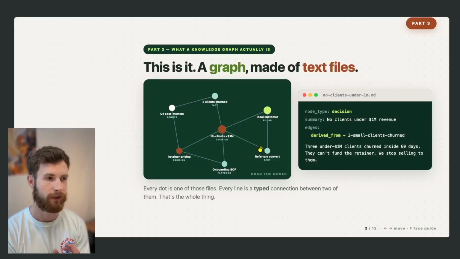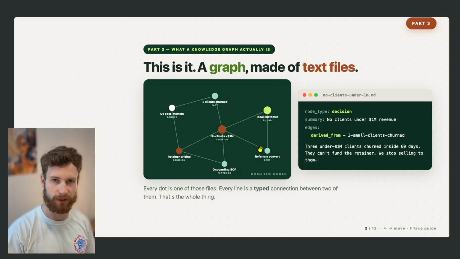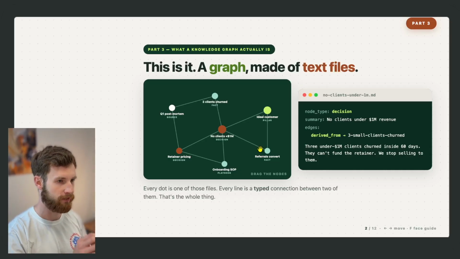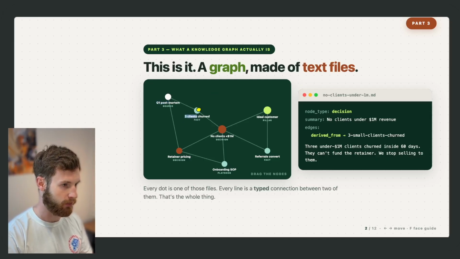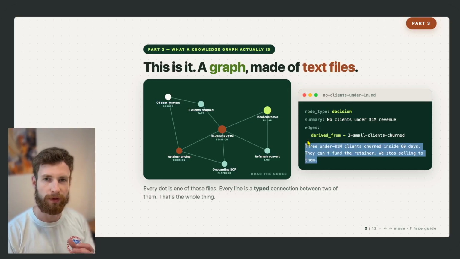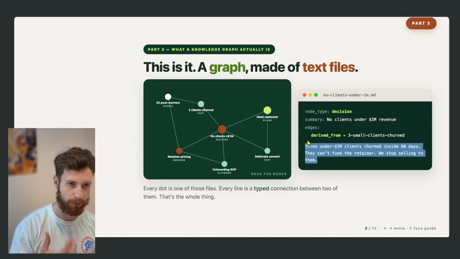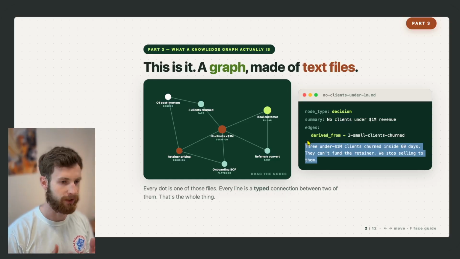What is a knowledge graph? This is really simple, although it might sound a little bit technical. A knowledge graph is just a graph made of text files. You can see here, all of these are just text files that look essentially like this. Each one holds one decision or one interesting piece of information from your business, written down in what's called a markdown file, which is essentially a text file.